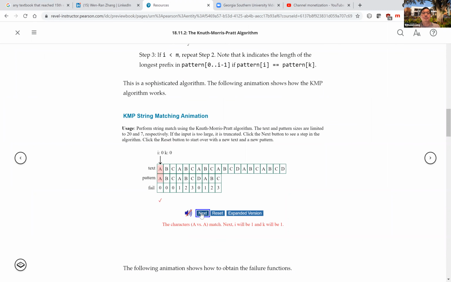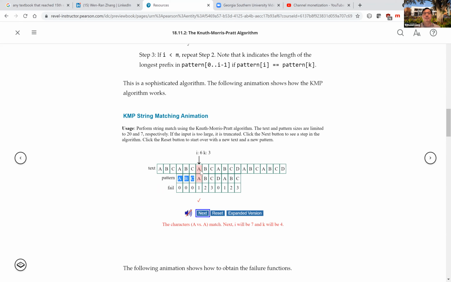Now we match, match, match, match, match, match. All right, next, it doesn't match right here. But look at this: this is the position, and before this is a match. So we look at what the maximum is. This one here is 3. So we slide all the way for this 3 right here.